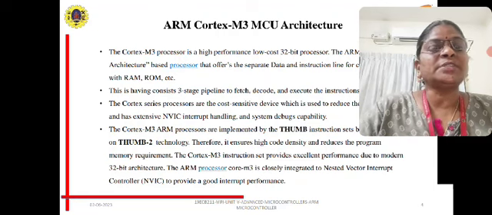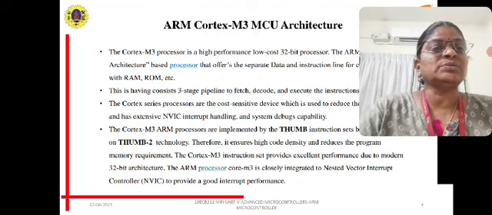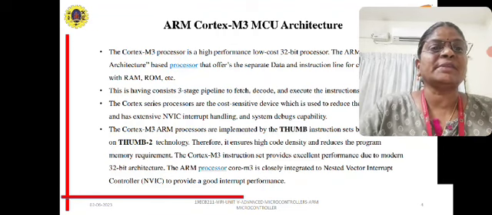The Cortex M3 ARM processors are implemented with the Thumb instruction sets, Thumb-1 and Thumb-2 technology. Therefore, it ensures high code density and reduces the program memory requirement. The Cortex M3 instruction set provides excellent performance due to its modern 32-bit architecture. The ARM processor core M3 is closely integrated with the nested vectored interrupt controller, that is NVIC, to provide good interrupt performance.